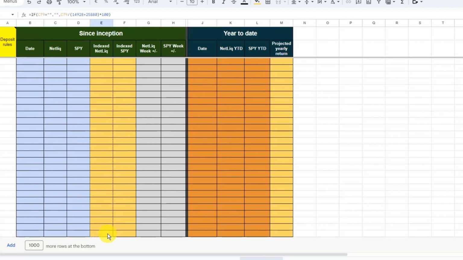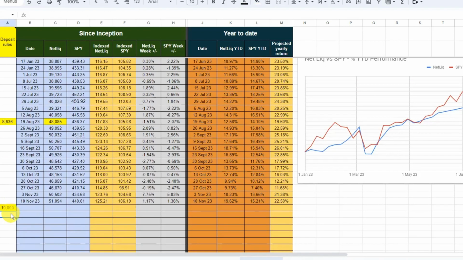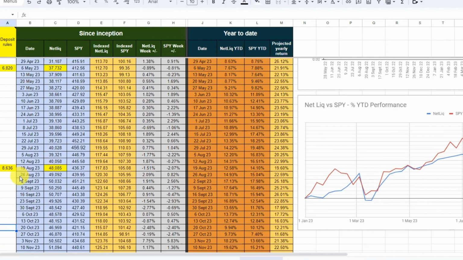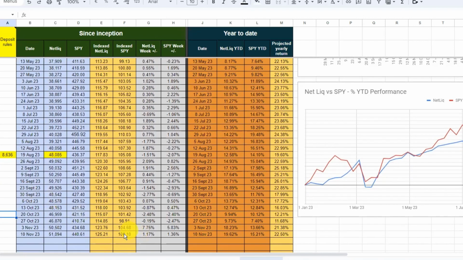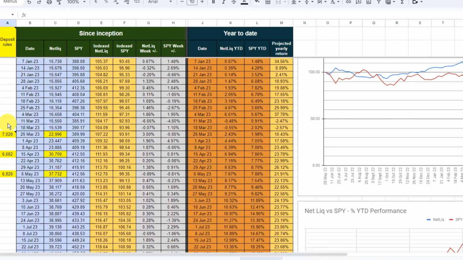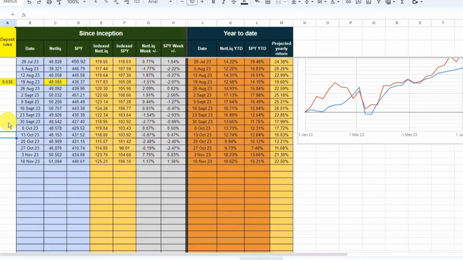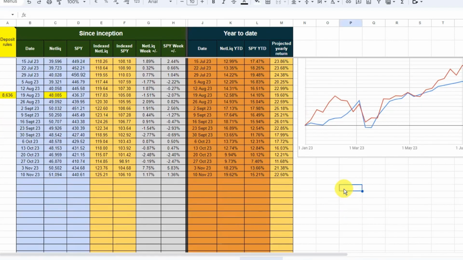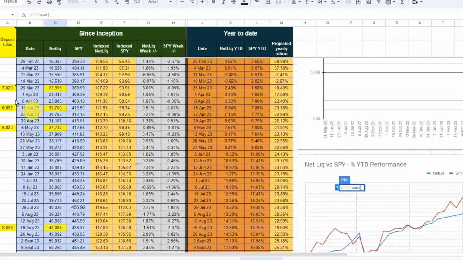my formula is correct. If you did what the other spreadsheet would have done, and this is taking out from my final NetLiq, taking out all of these things here. Let's just say we take equals this one, and then minus sum of all of these.